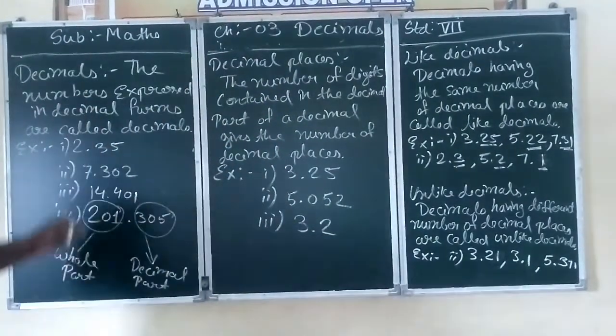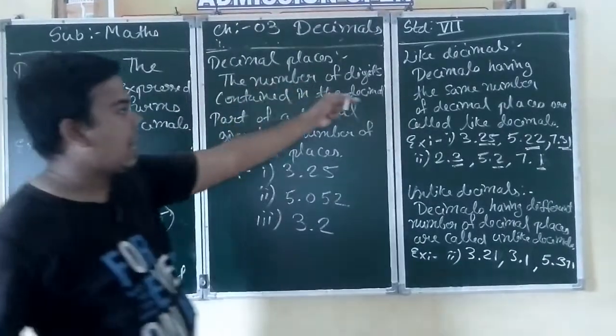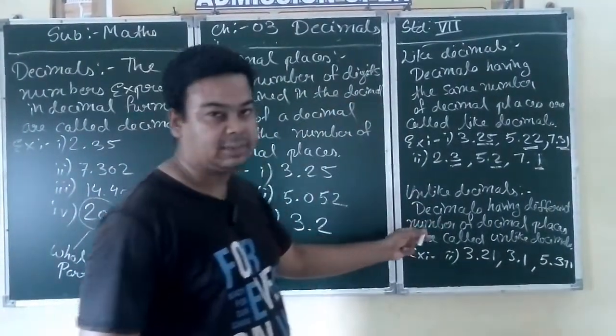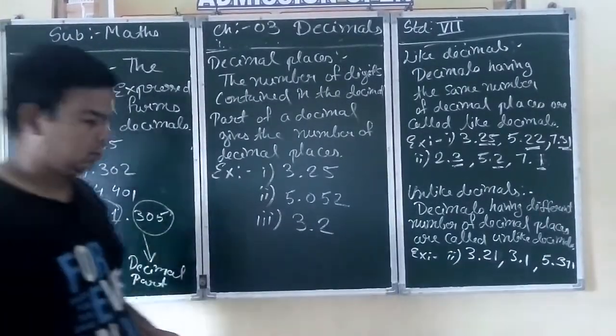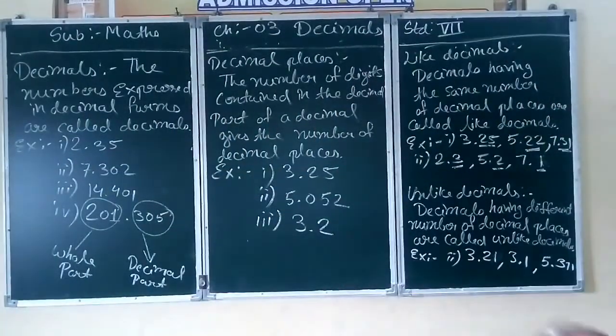So decimals, decimal places, like decimals, unlike decimals. Please copy this.